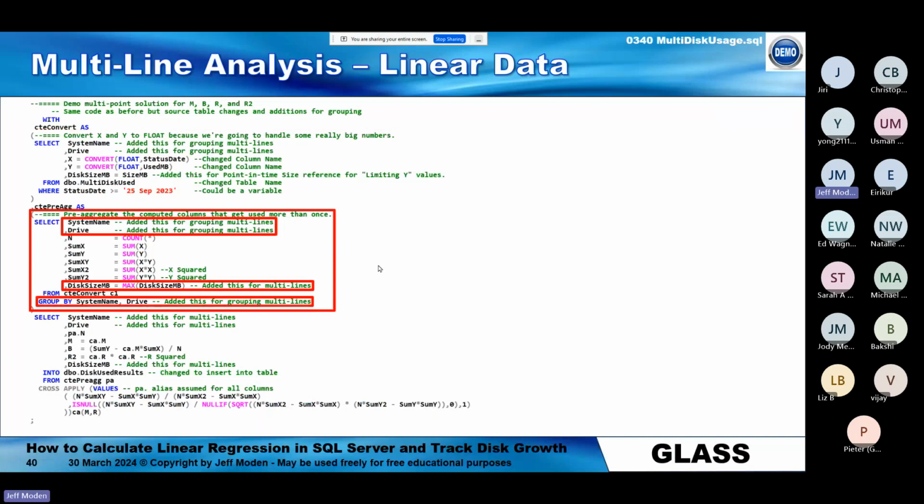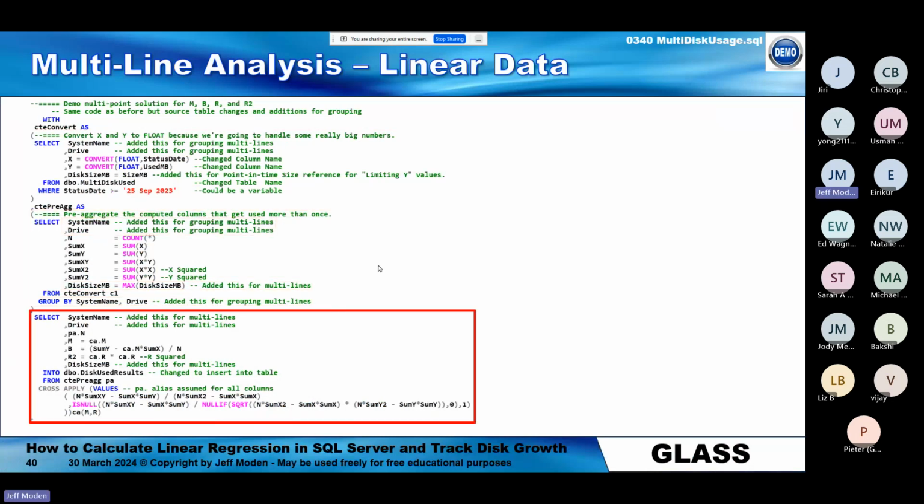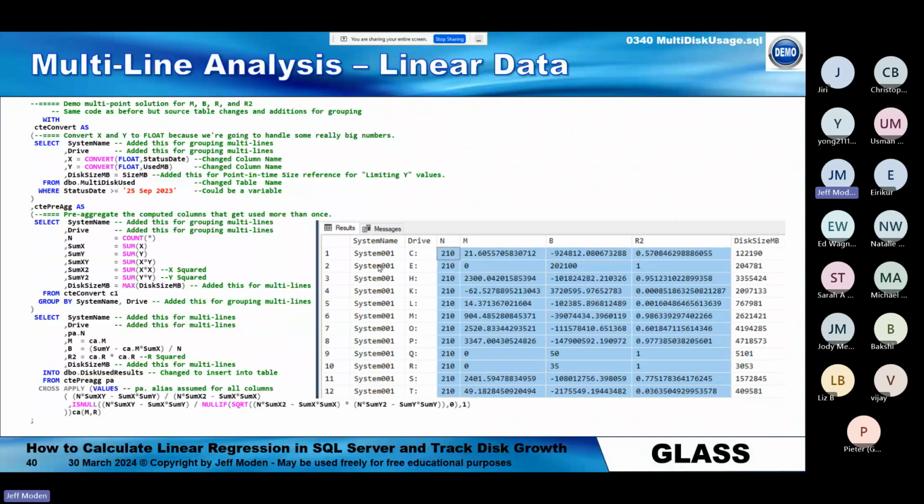And the group by is extra here as well. And then this is pretty much the same, except for the exact same things that we just said are different. We include our system name and our drive name for reporting purposes. We have our disk size in megabytes. We're inserting this into a different table here.